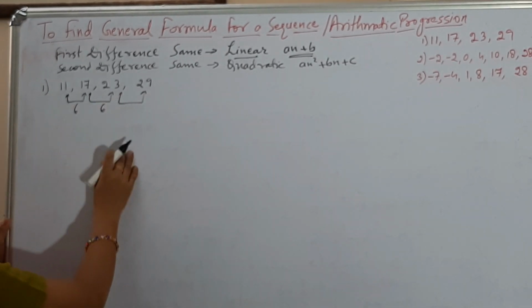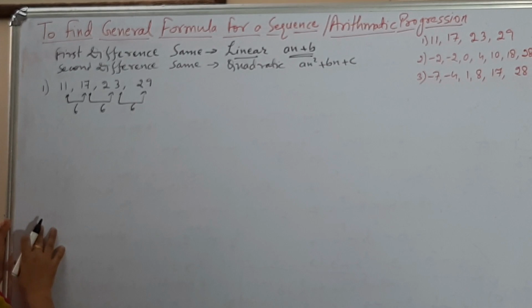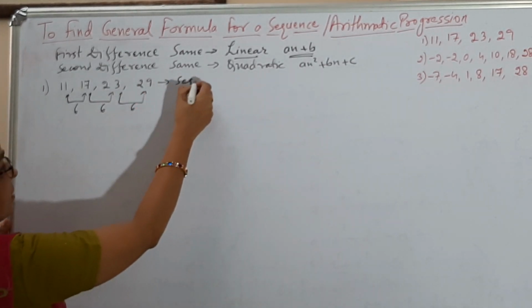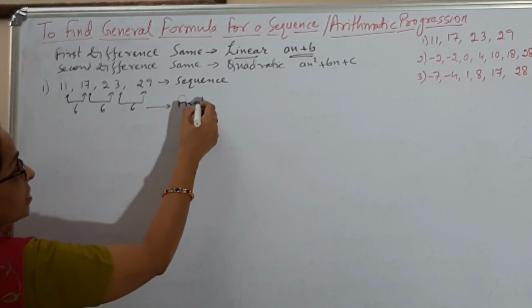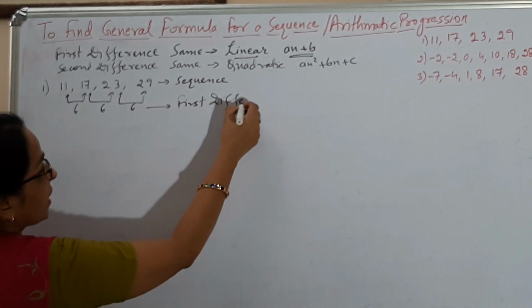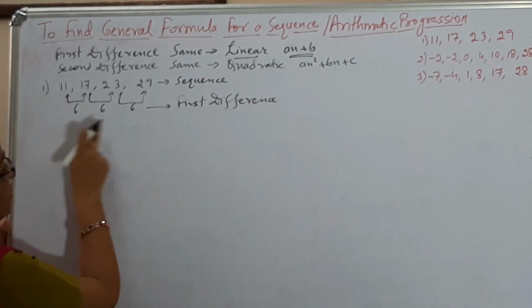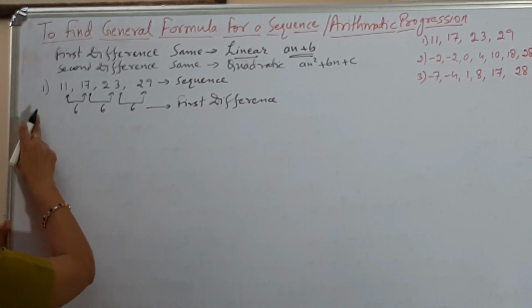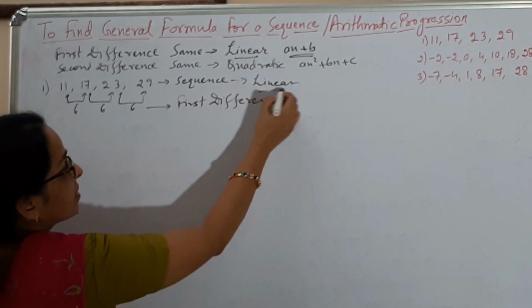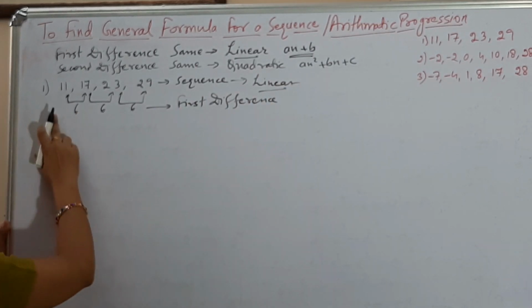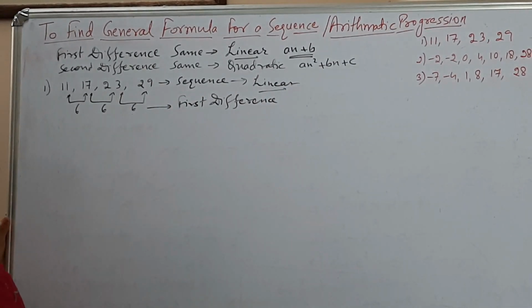Then 29 minus 23, again 6. So this is my sequence and this is my first difference. Here we have got the first difference the same. It means that the sequence is a linear type. 11, 17, 23, 29 is a linear sequence.